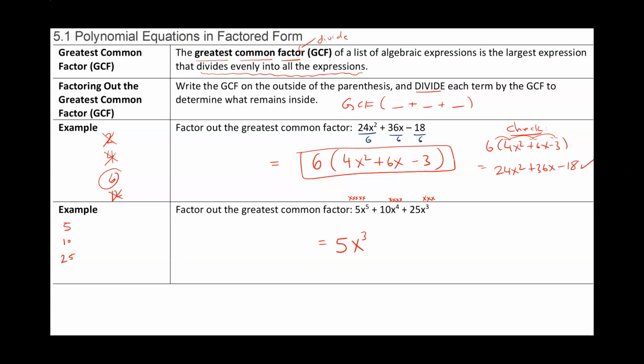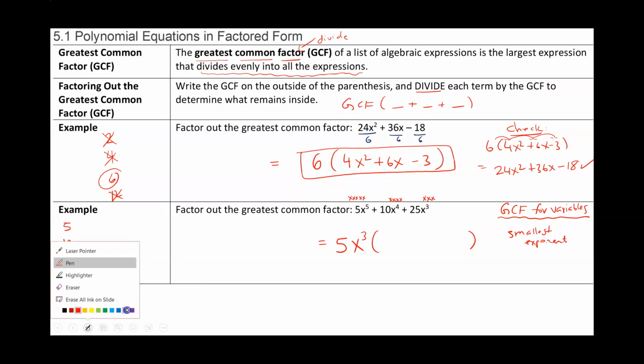And with the variables, it's kind of easy because it's always going to be the smallest exponent. So the GCF for variables is just going to be your smallest exponent. Okay, now, how do we know what's left over inside?